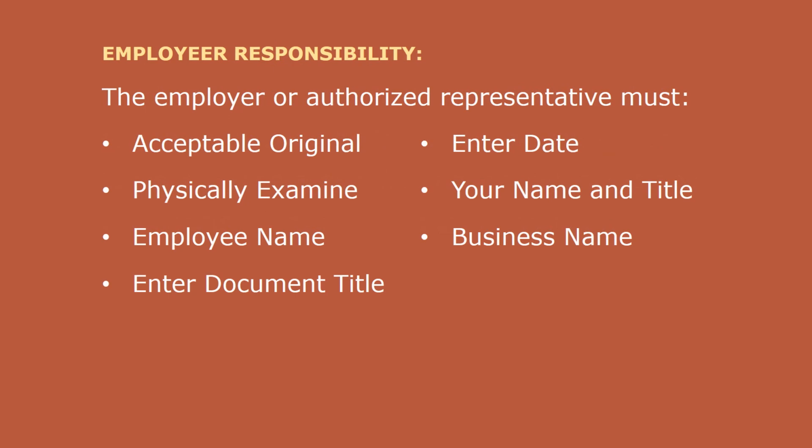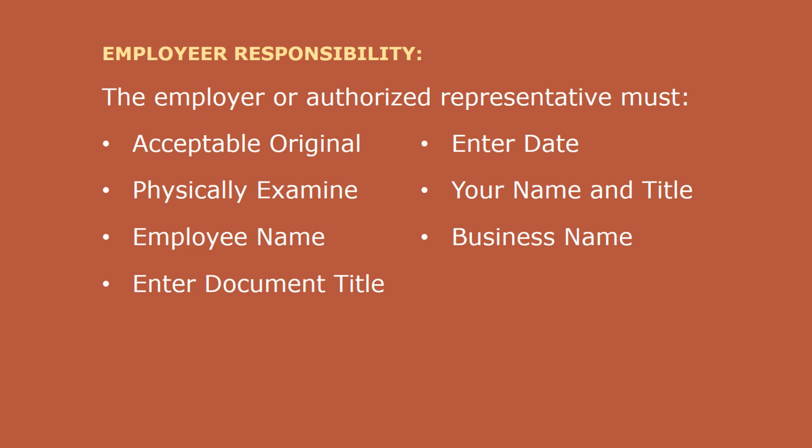For Section 2, the employer or authorized representative must ensure that any document your employee presents is original and on the list of acceptable documents or is an acceptable receipt. Physically examine each document, determine if it reasonably appears to be genuine and to relate to your employee presenting it. Enter your employee's last name, first name, and middle initial if provided from Section 1.